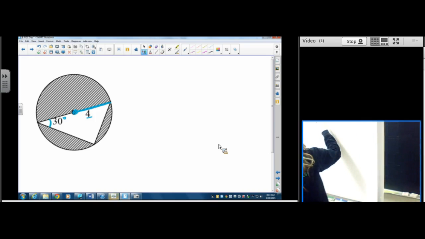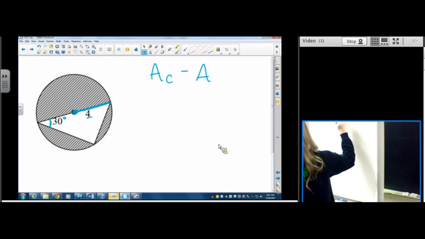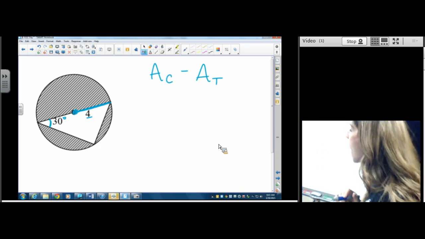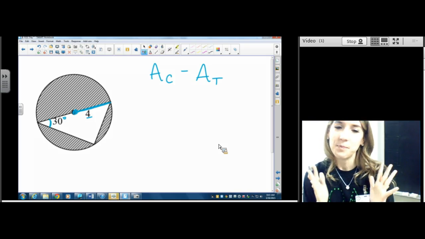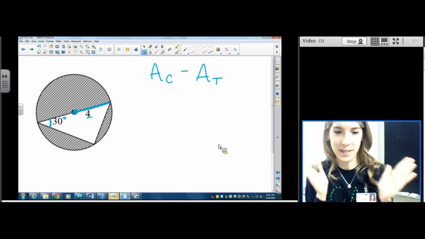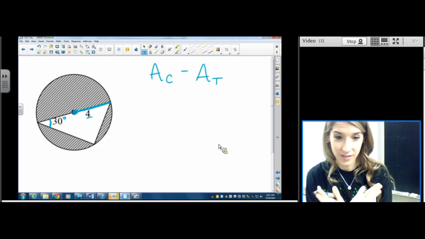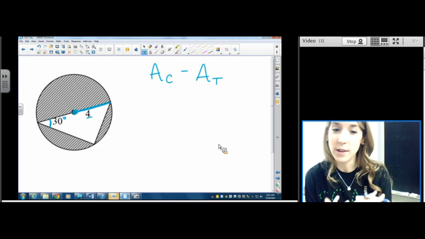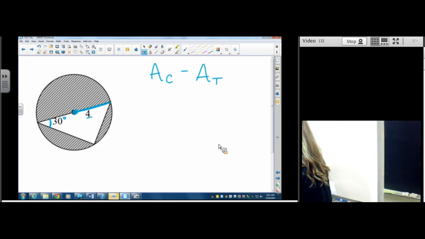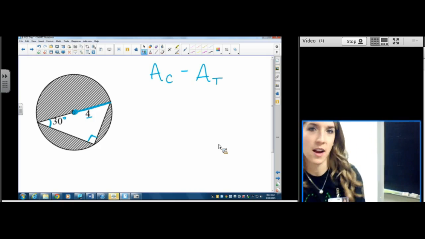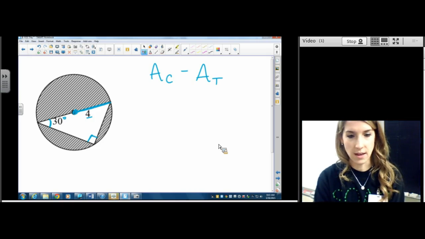This is, of course, area of a circle minus area of a triangle. Another piece of information that you didn't already know was that when an angle opens up to the diameter of a circle, it's a right angle. Every time, all the time, no matter what. We'll learn this in our circles unit. So, yes, that is a right angle right there, even though we haven't learned that yet.